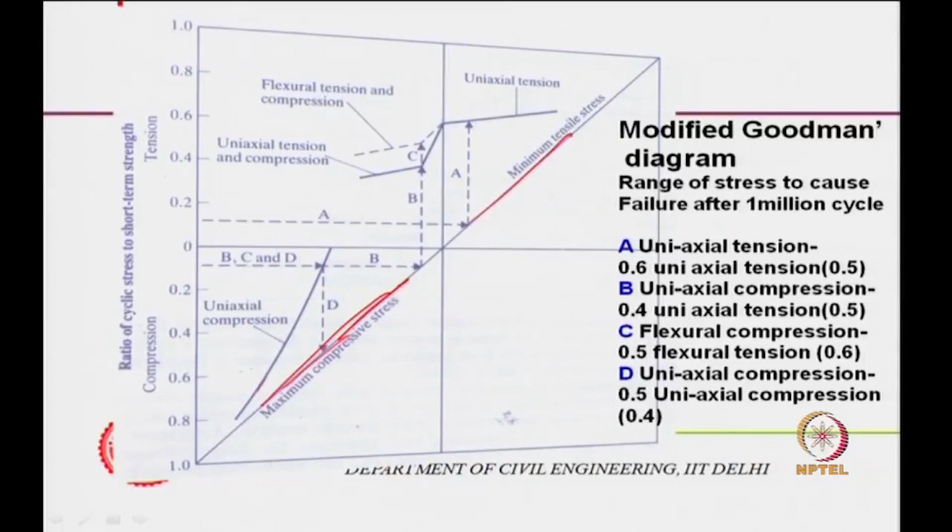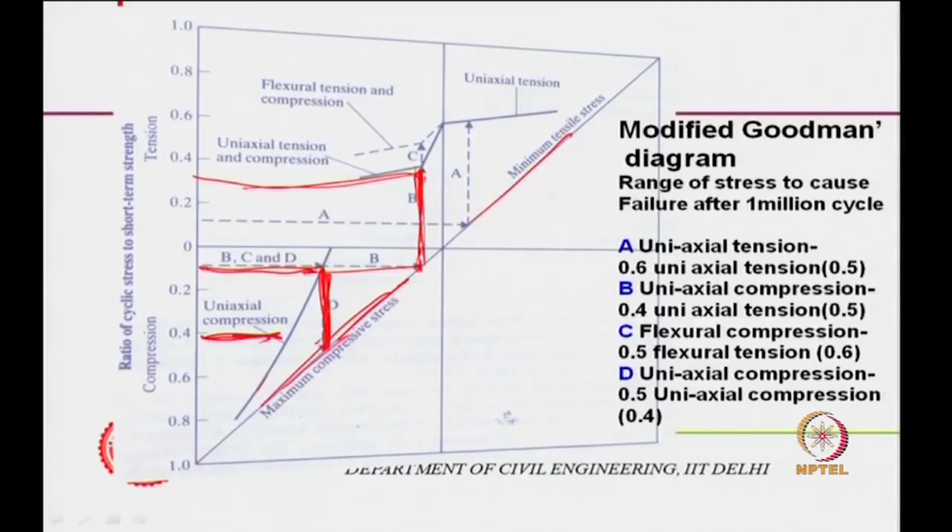Now, uniaxial compression, if you are operating at 40% of the strength level, or let us say 20%, 10% of the stress level, you can do reversal up to this and come back in compression mode only. So, failure would occur at 10 to the power 6 cycles, and if you are applying, let us say, tensile stresses, you can go up to 20% of the tensile strength, 30% of the tensile strength, and reversal can occur from 10% of the compression to 30% of the tensile.